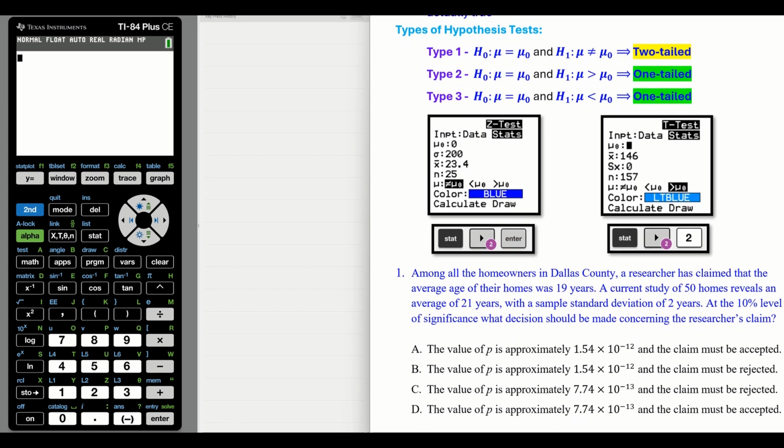We are going to be using the Z-test and the T-test. Now, the actual types of testing are listed, and you have your two-tail, one-tail. We will explain this some as we go.